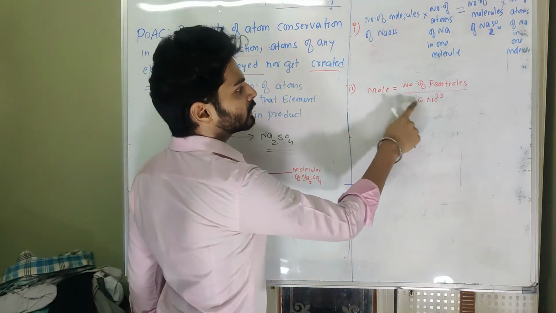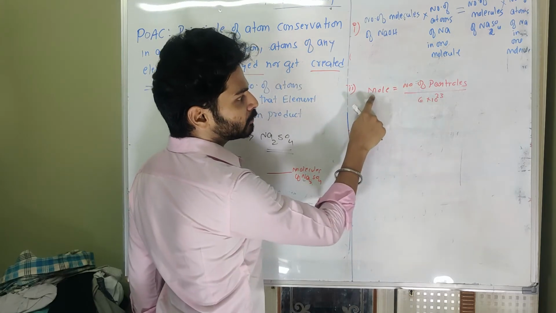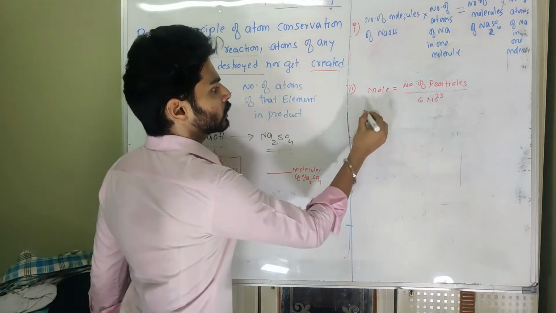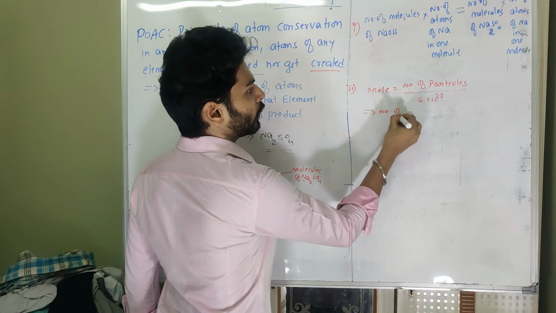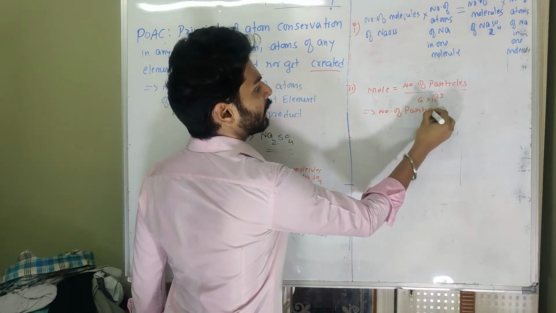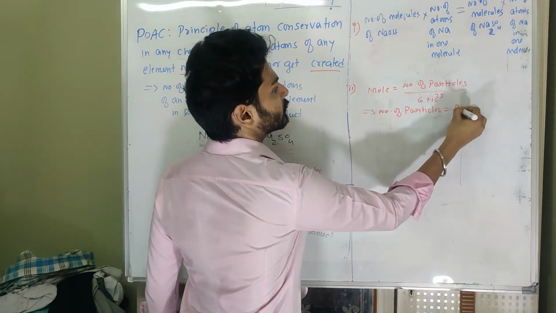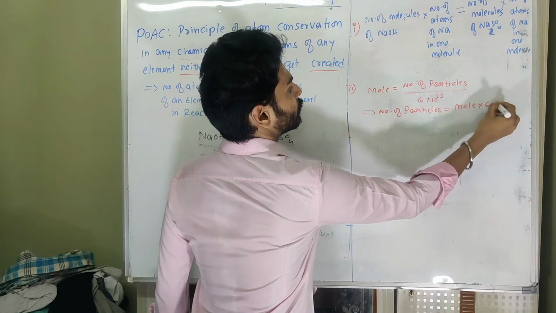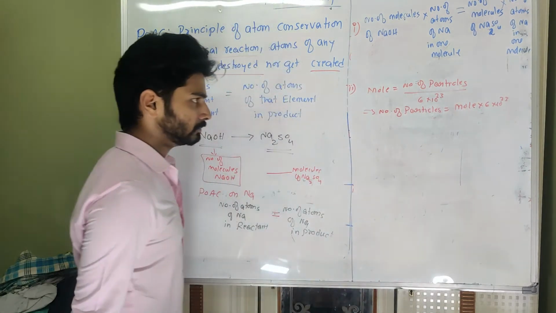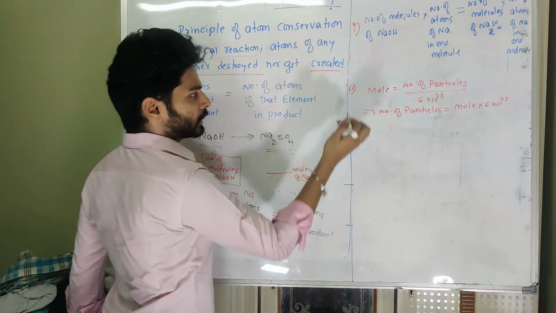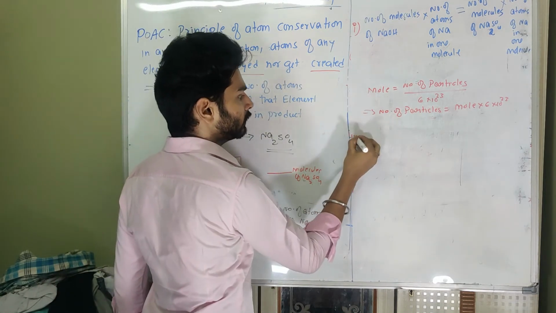What I will do is, we know number of particles can be rewritten as mole into 6 into 10 raised to 23. So I'll substitute here, then I'll get the next formula.